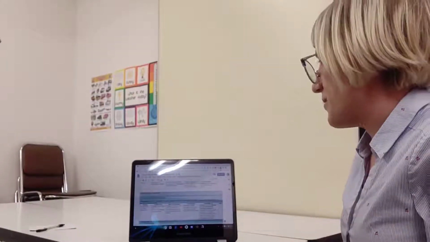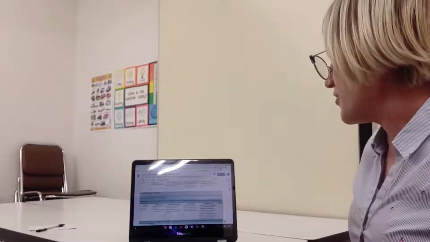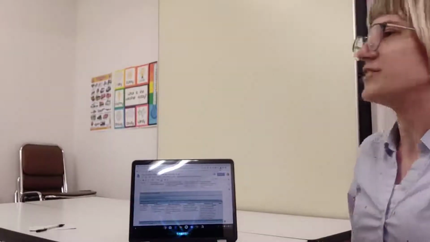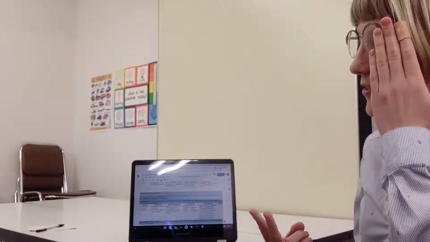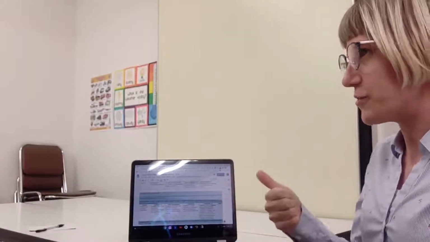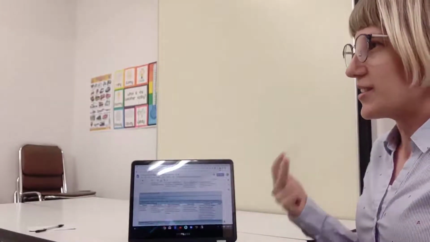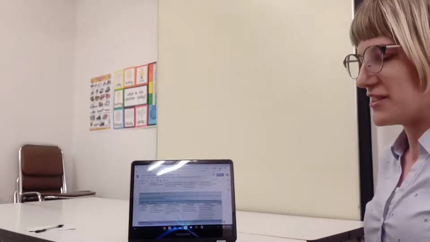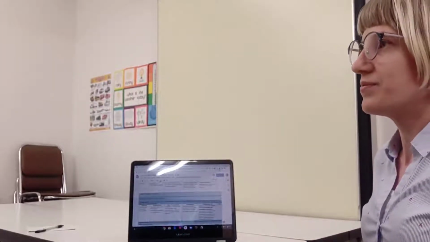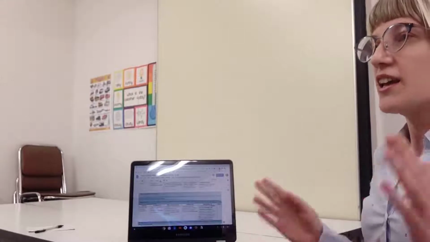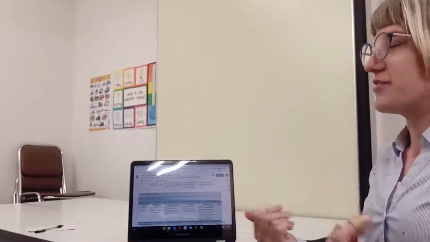Standard 6 is assessment. Do I understand how to use different kinds of assessment? So the main ones that we're focusing on in my class is formative and summative. Formative could be anything like, do you understand? I understand from the students.